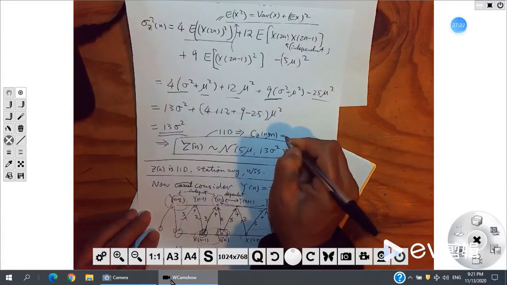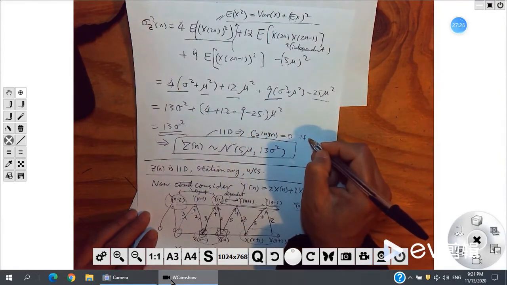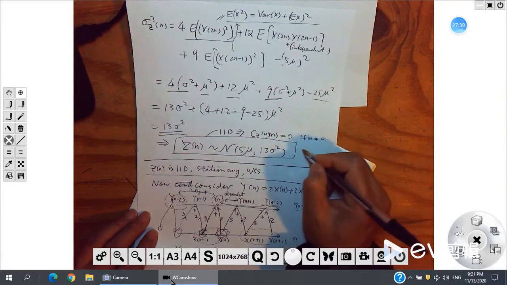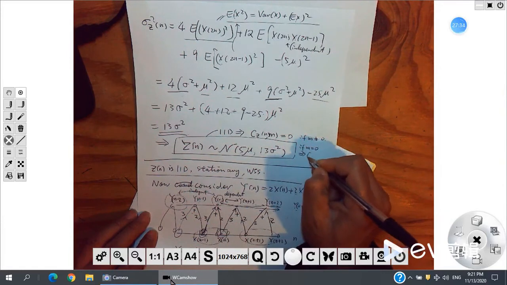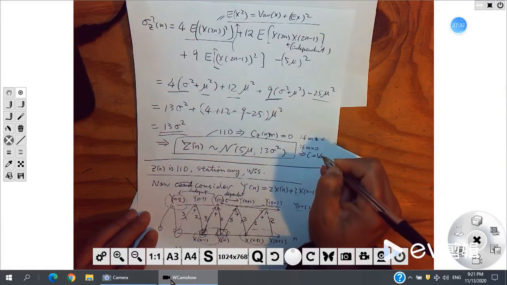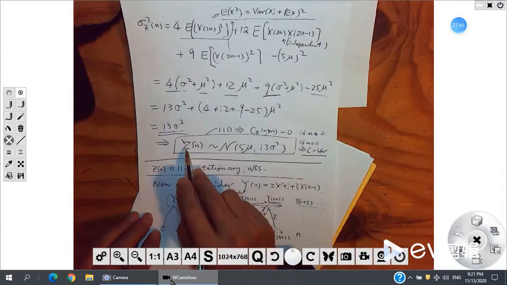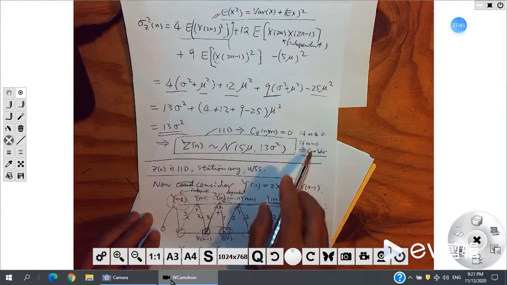This will be 0 if m does not equal 0. And if m equals 0, C will equal the variance. C is just the variance. Alright, so this is for z. Because it's IID, we always have this kind of data.